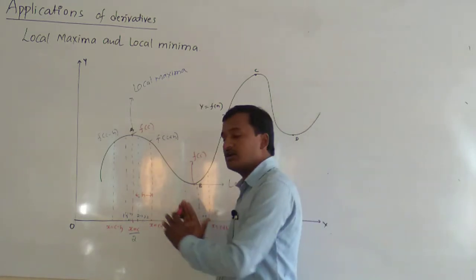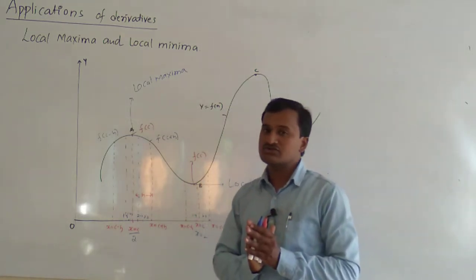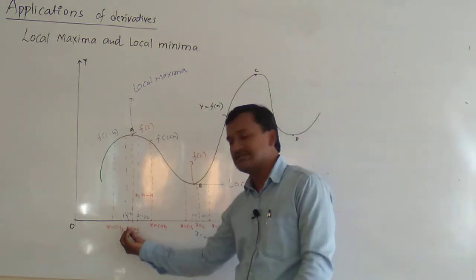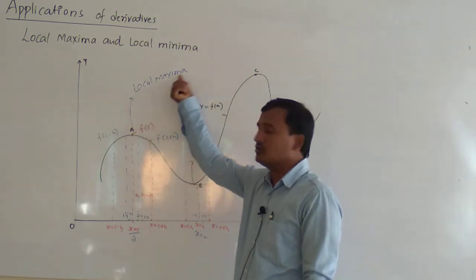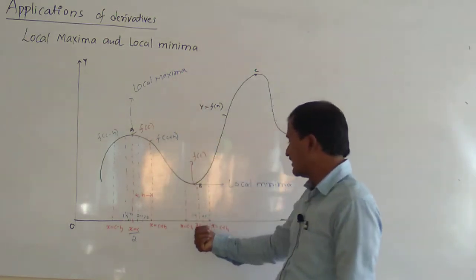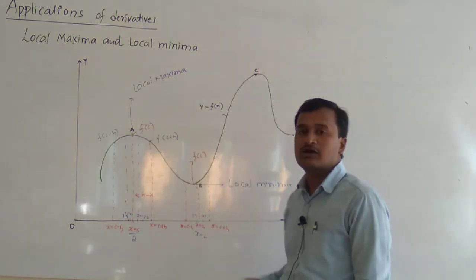But here you are checking the functional values in the neighborhood of the point c. In that case, you get f of c, that is called a local maxima, and here you get f of c, that is called a local minima.